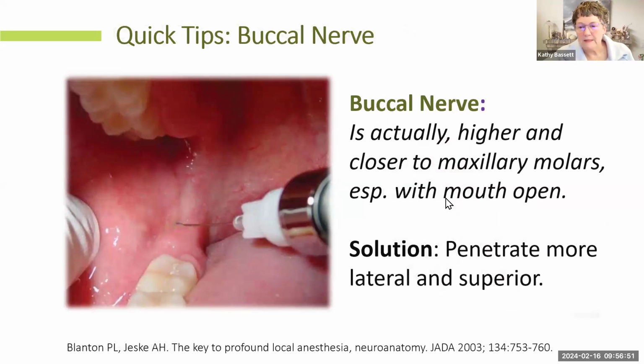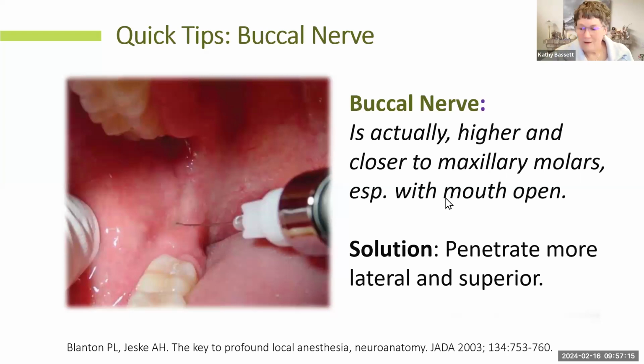Another tip, and this is out of the Blanton and Jessics article at the beginning, that's a great article on, who would have known, thoughts about anatomical variations. And so what they have demonstrated is the buccal nerve is actually higher and closer to the maxillary molars as it crosses over the front of the ramus when the mouth is open wide.